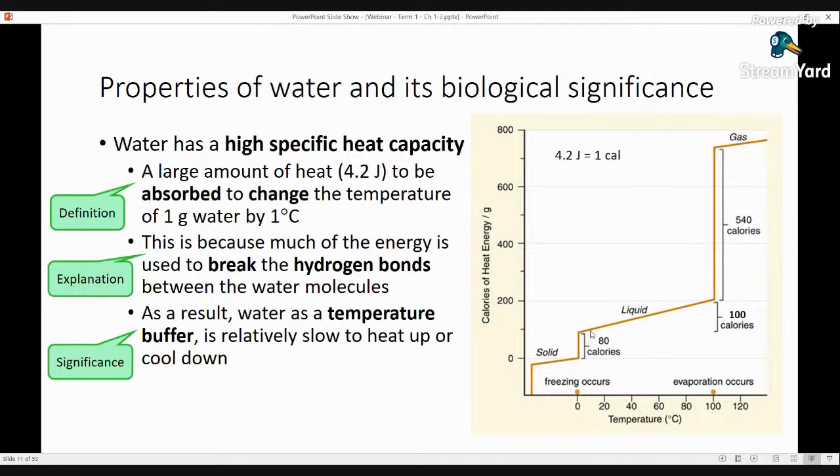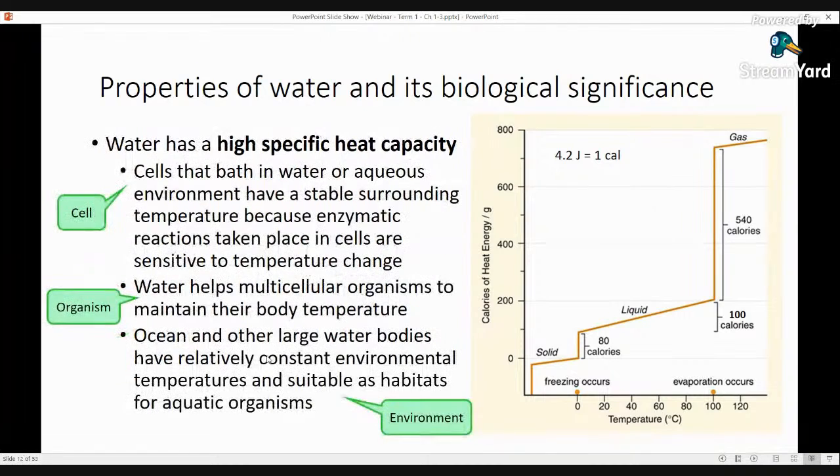What they show you here is that to increase the temperature by 1 degree Celsius, between 0 and 100, they require 4.2 joules. So this is the temperature buffer.